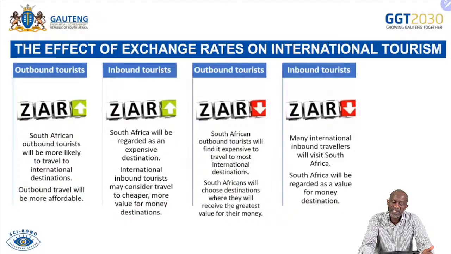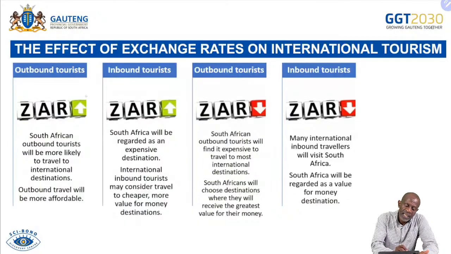The effect of the exchange rate on international tourism, that is for outbound tourists, South African outbound tourists. If the rand is strong, South African outbound, those tourists leaving South Africa will be more likely to travel to international destinations.